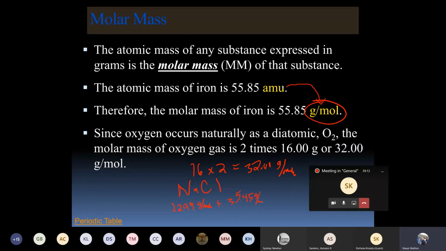So all we need to do in our calculators is just add those two together. So we have 22.99 plus 35.45, which gives me 58.44 grams per mole.